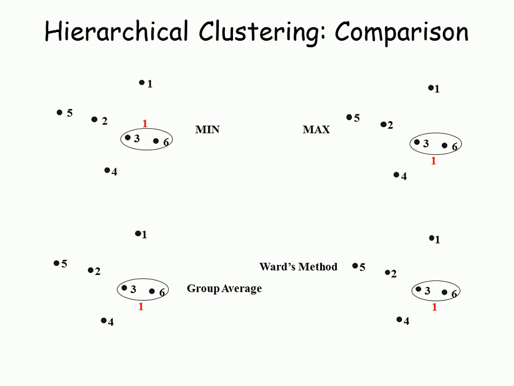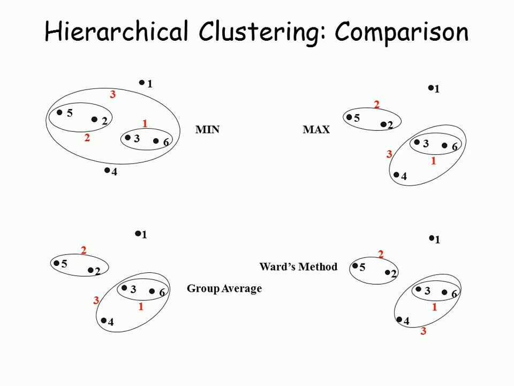So for all definitions, the two closest points are the same. In the next step, you find the two closest points and you merge them. All right. In the next step, things start getting different now. The way you define the distances between clusters now changes which clusters are going to be more similar to each other.